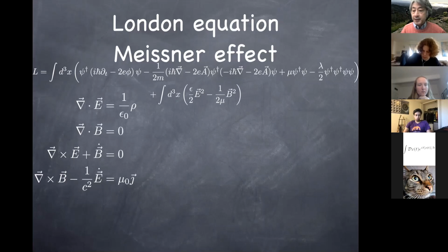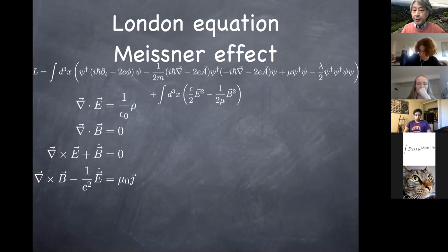I don't know if you have seen this before, but for the Maxwell field, you can derive these Maxwell equations out of this Lagrangian, which basically looks like E squared minus B squared. And what you're supposed to do is to regard this E as written as a function of the scalar potential and vector potential. B, of course, is the curl of the vector potential.